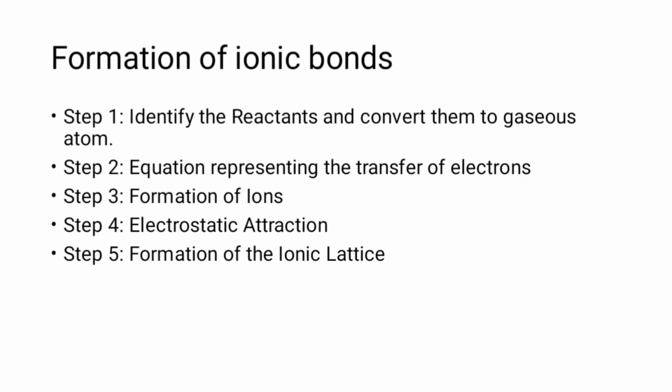Second, the step 2 equation represents the transfer of electron. Now the gaseous atoms are converted to ions, which takes energy. The metal in gaseous state becomes an ion, and the energy absorbed to remove the electron is the ionization energy. For the non-metal, energy is released when it gains the electron, and that is the electron affinity.